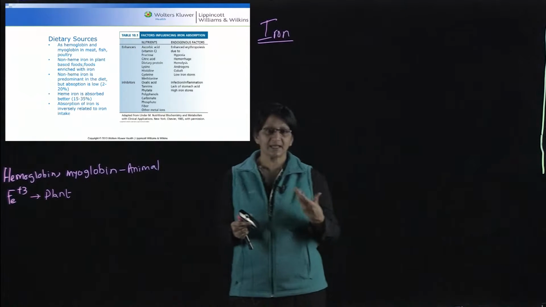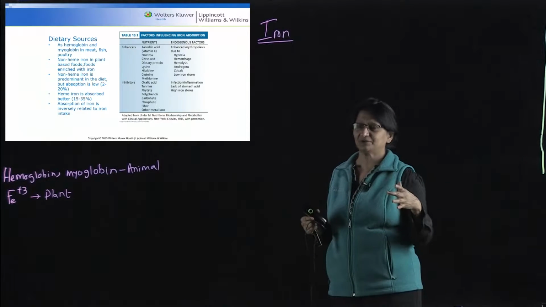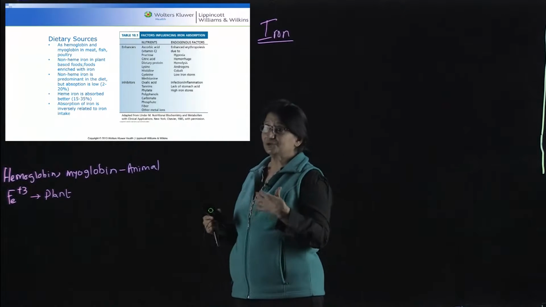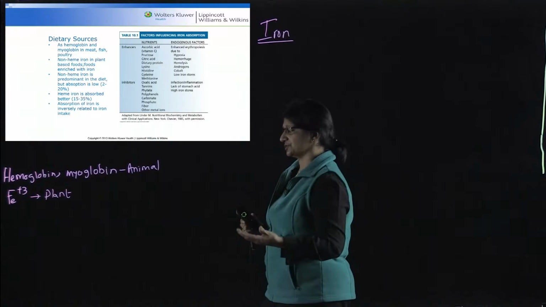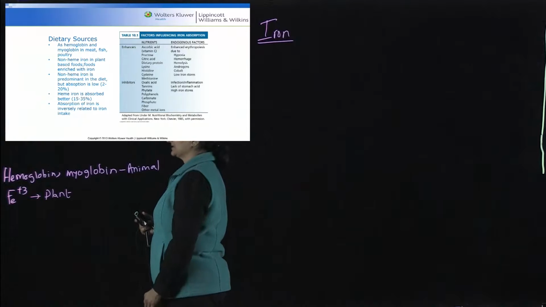So in other words, if you had a bleeding episode, then your body automatically tries to replace those red blood cells, and that's when iron usage, actually iron absorption, also increases in order to sustain that production of the red blood cells as well.